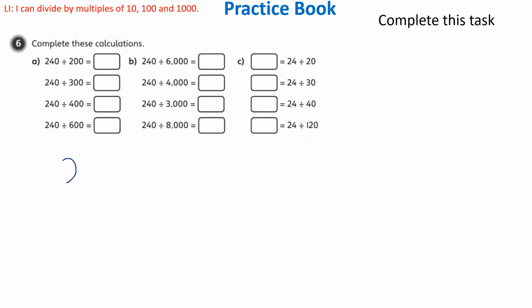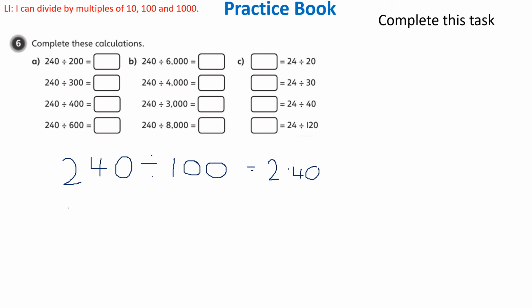So the first thing I would do is do 240. I would divide it by 100. So I know it moves 2 places to the right, which would be 2.40.